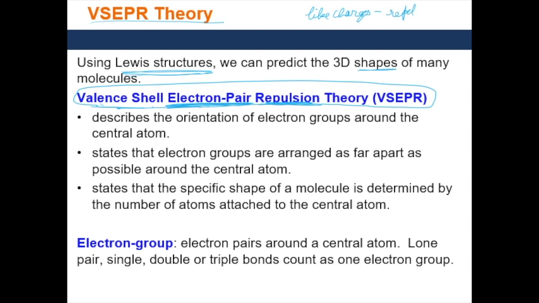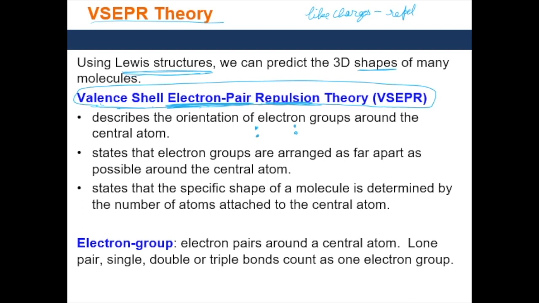So when there are two electron pairs next to each other, they will try to achieve an orientation such that these pairs of electrons are as far apart from each other as possible to keep the molecular structure intact. Okay, so this VSEPR theory describes the orientation of electron groups around the central atom.